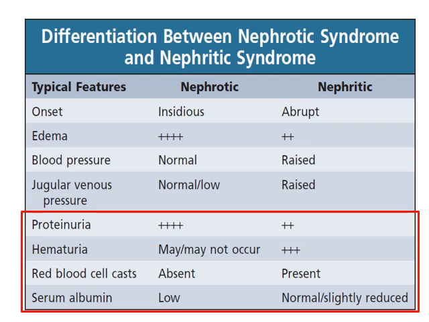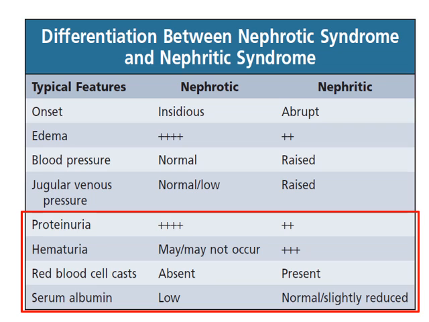It's crucial to differentiate between nephrotic and nephritic syndrome. In nephrotic syndrome, we usually have an insidious onset, while it appears acutely in nephritic syndrome. The edema is much more marked in nephrotic compared to nephritic. The blood pressure is normal in nephrotic syndrome, and if hypertension develops in nephrotic syndrome, it is a complication, not a part of the cardinal clinical features, while blood pressure is always or usually raised in nephritic syndrome.